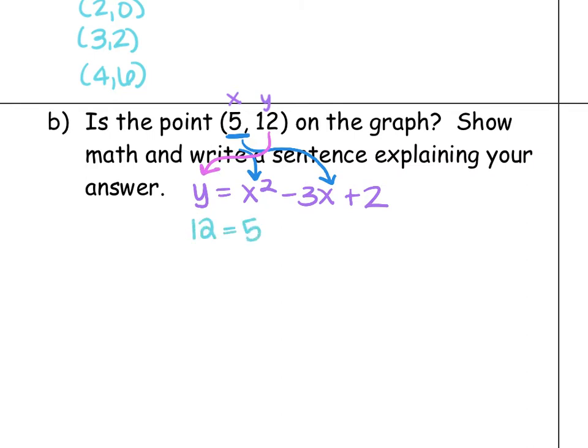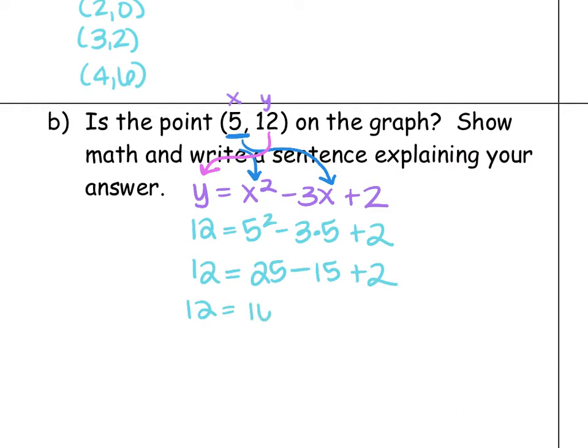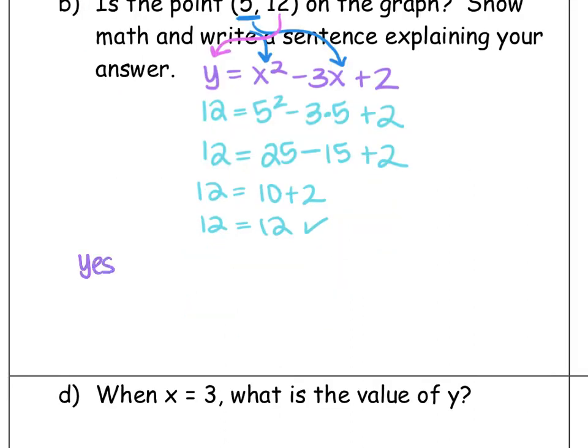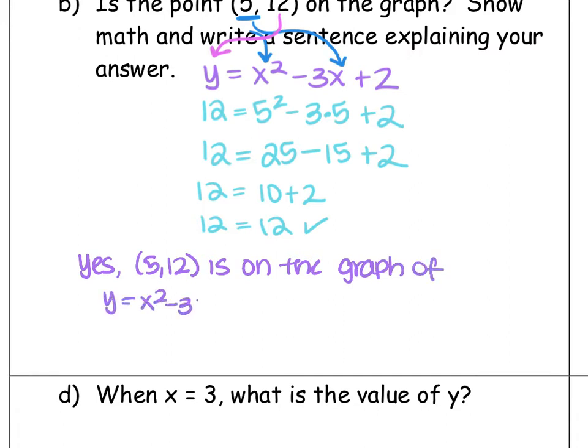So 12 equals 5 squared minus 3 times 5 plus 2. 5 squared is 25, 3 times 5 is 15, 25 minus 15 is 10, plus 2 is, in fact, 12. So yes, (5, 12) is on the graph of y equals x squared minus 3x plus 2 because it makes the equation true.